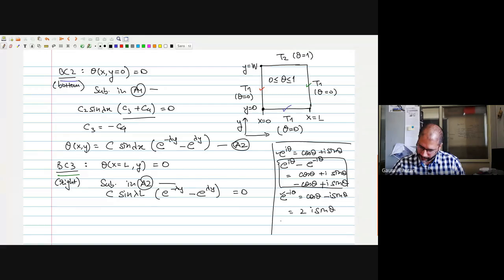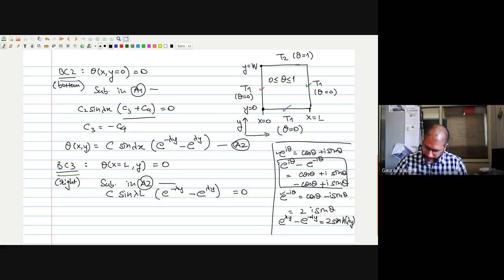Similarly, we define the hyperbolic sines and cosines as well. If I use e to the power of lambda y minus e to the power of minus lambda y, that gives me twice the hyperbolic sine of lambda y. That's how we define these hyperbolic sines and cosines.